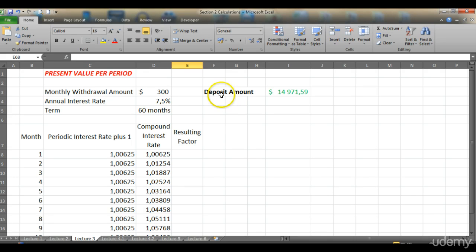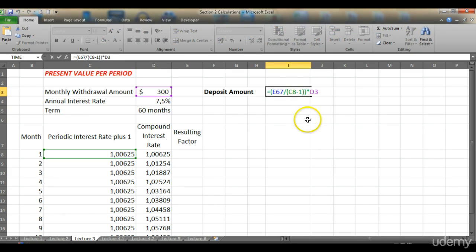we need to find the amount we need to deposit today if we want to withdraw $300 every month for the next 5 years. And here is the formula.